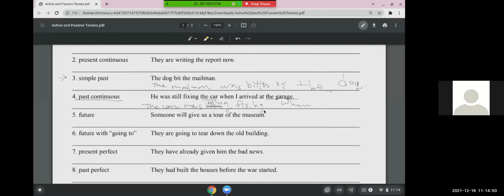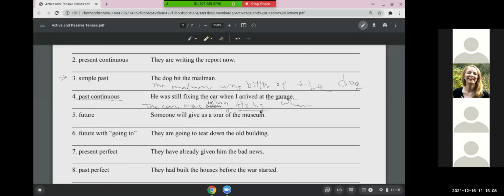Being fixed, easy. I think it is in the past. The car was being fixed. Participle. I don't know. So to make the continuous, we need the ing. With the passive, the be verb tells us the tense. So we can use was being.